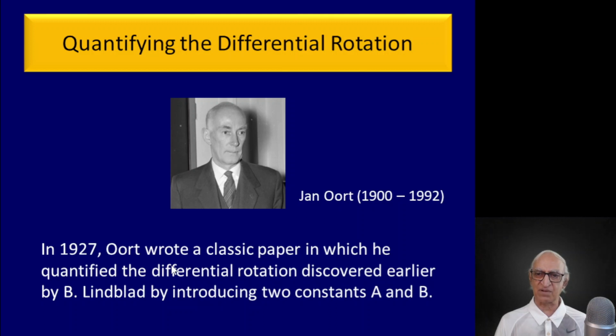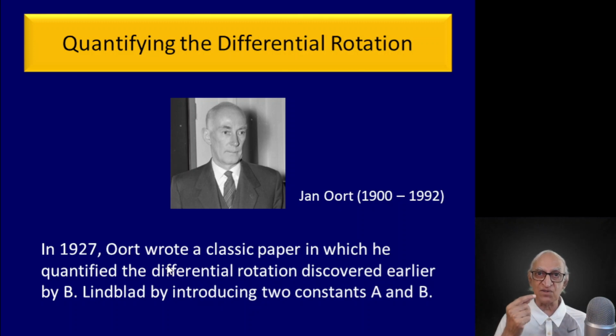In this paper, he quantified the differential rotation discovered by Bertil Lindblad by introducing two constants A and B. What does differential rotation mean? The sun is rotating around the center of the galaxy with a certain angular velocity omega.